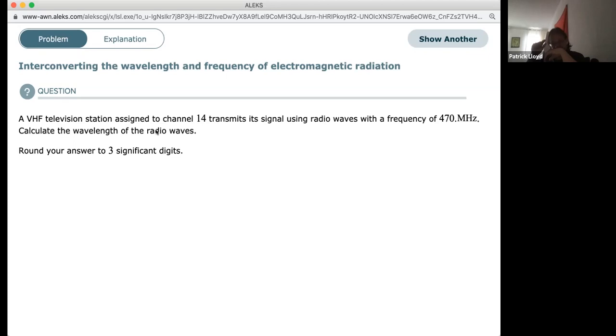That's a pretty high frequency, right? It turns out visible light is enormously higher than that. But the only thing we need to know here is the frequency, which is 470 megahertz. And from that, we want to calculate the wavelength of this wave, okay?